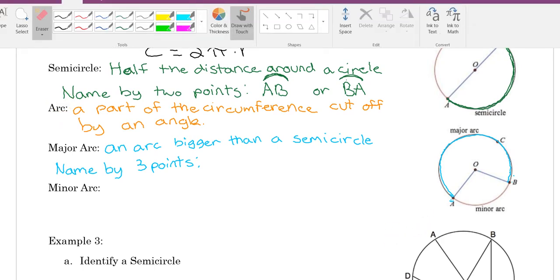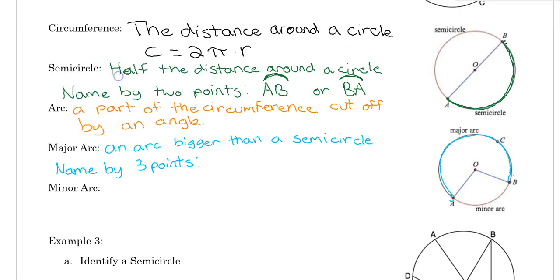So you have to tell whoever is reading your work that you want to go around the long way. So I want to go from A, then to C, then get to B. I want to get to B by way of C, is basically what you're telling me. Or I could name it, I want to start at B, go to C, and then go to A. So B, C, A.